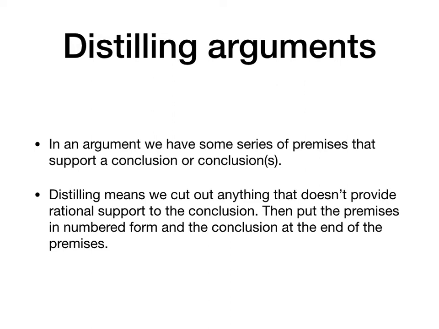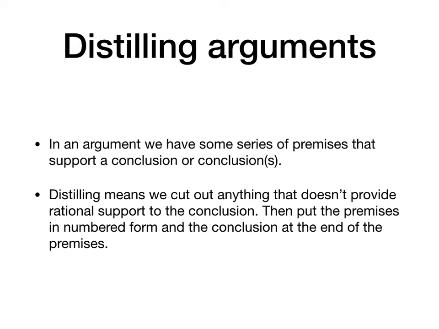The conclusion is the claim that I'm trying to convince other people of. Premises are statements that provide support for that claim. So what distilling means is that we first cut out everything from the argument that doesn't provide rational support for the conclusion. Then we put the premises and the conclusion in a numbered form, with the premises going in some kind of logical order and the conclusion at the end.